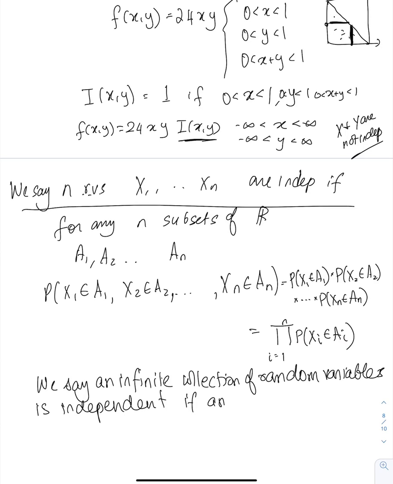So in processes, you often have this notion of independence where every finite subcollection is independent. So we say an infinite collection of random variables is independent if every finite subcollection is independent.